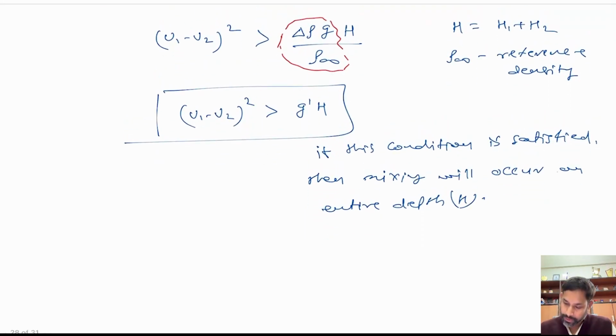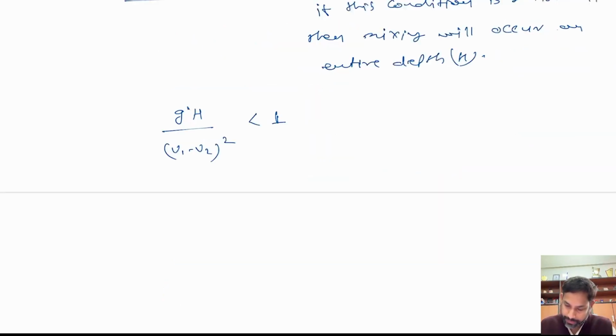And here you also see that we can define, if we bring g prime h over (u1 minus u2) squared on one side, it becomes something like this. And what you have here is the Richardson number.